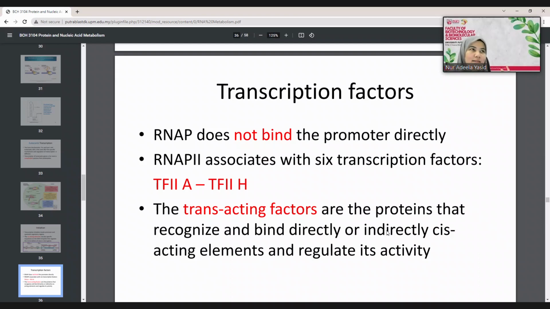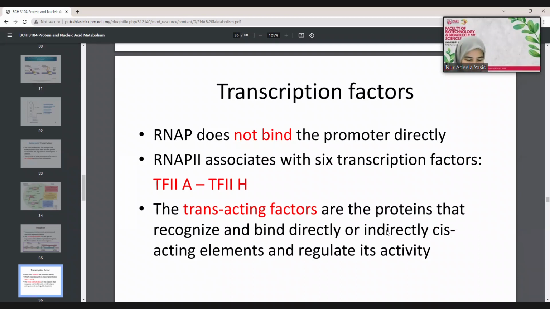Because in the eukaryotic system we have 3 different RNA polymerases, and RNA polymerase 2, the one involved in the initiation steps, associates with 6 transcription factors, which are transcription factor 2 from A to H.